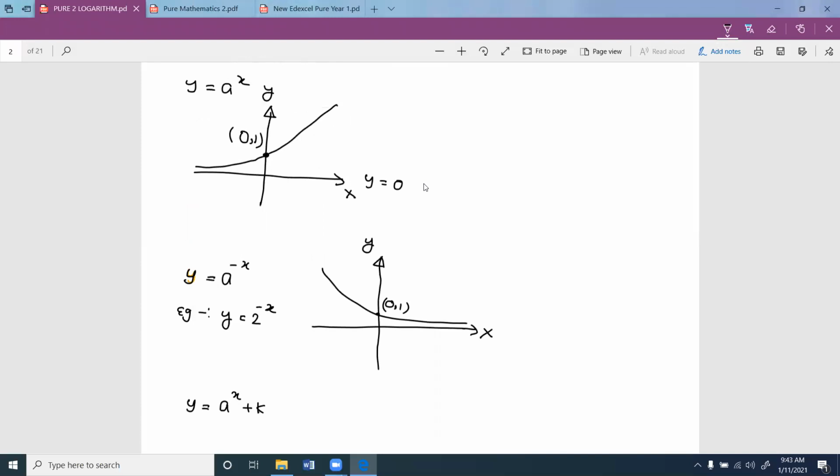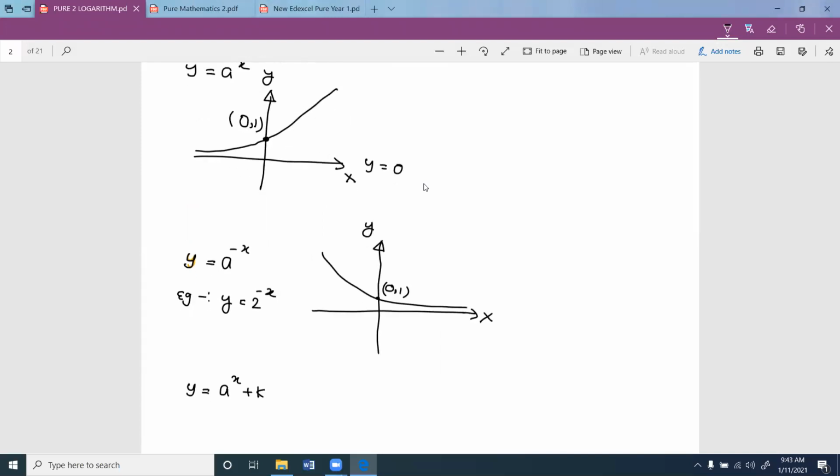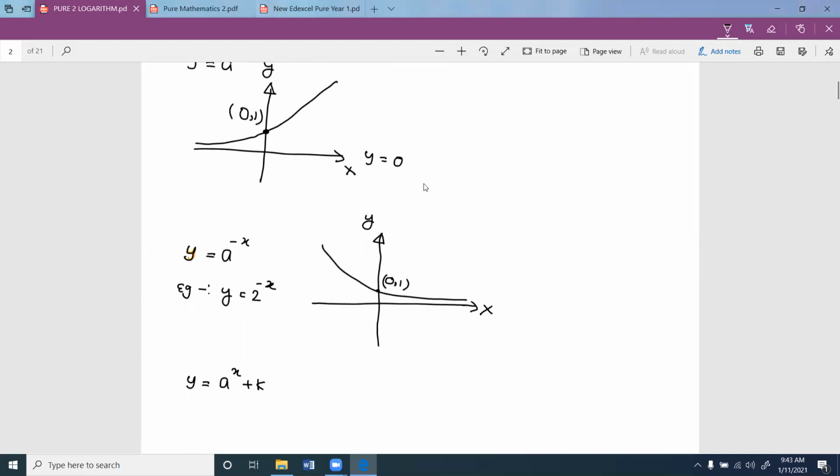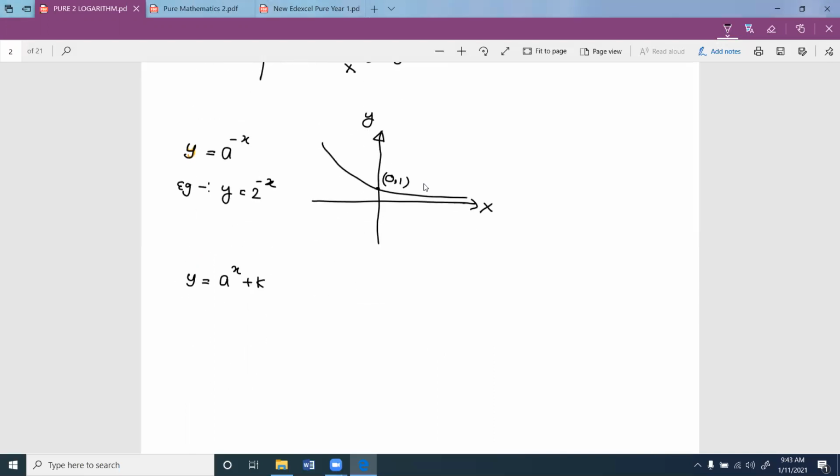If it is plus k, what happens here? It affects the y-axis, because in the total operation another value k is added. So what happens here is the graph turns this way. I will draw the basic a to the power x graph over here. After that, I'll draw the transformed graph with it.